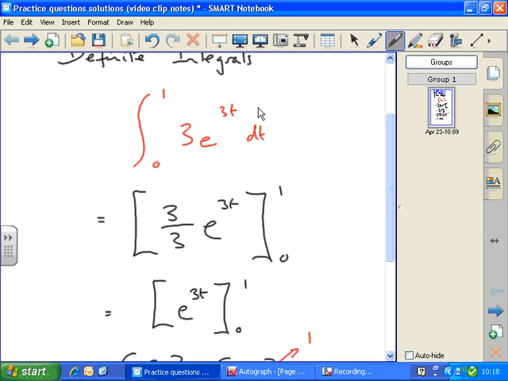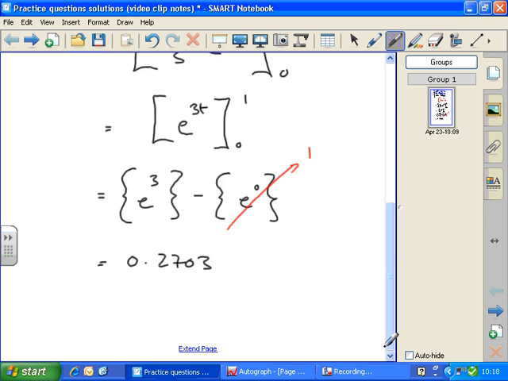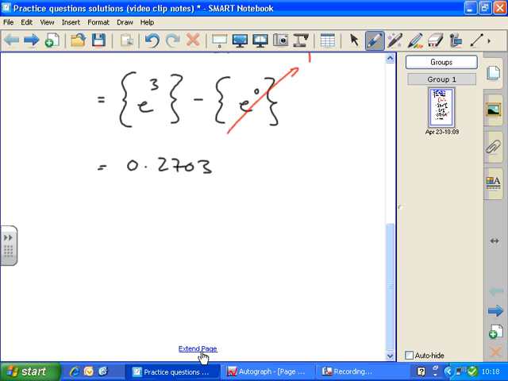And also the 3 tells me it's going to cut the y-axis at 3, because when x equals 0, or in this case t equals 0, it cuts at 3. So if I wanted to sketch this curve, I would show an exponential rise, which looks like this, and this point here would be 3.